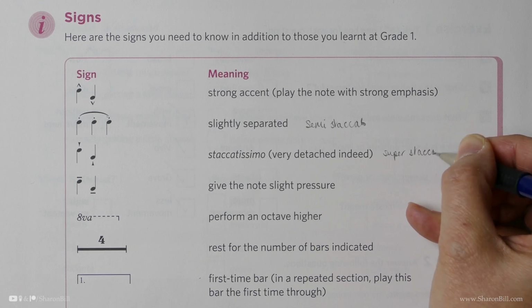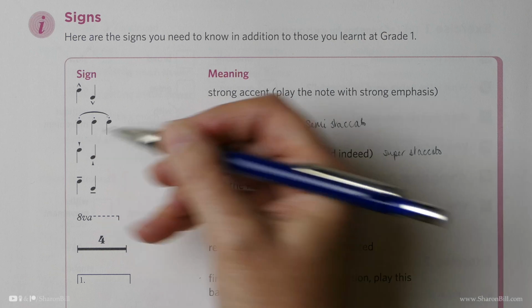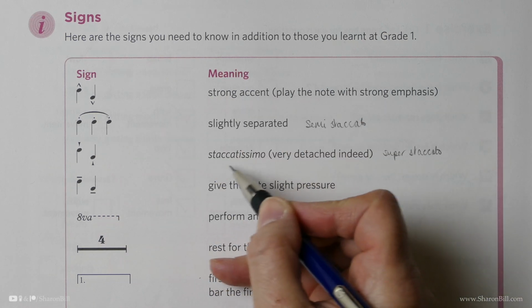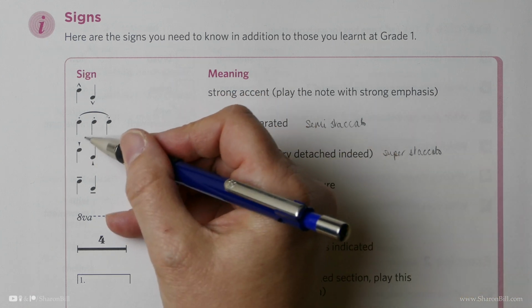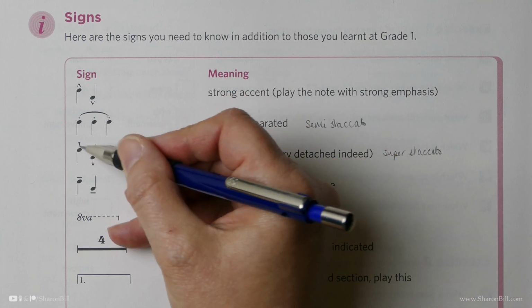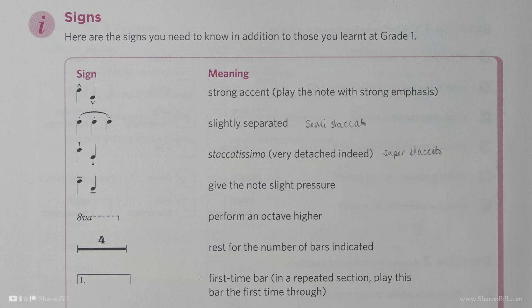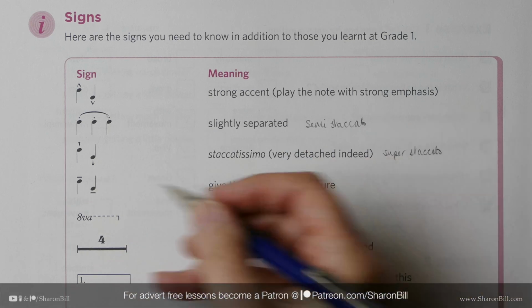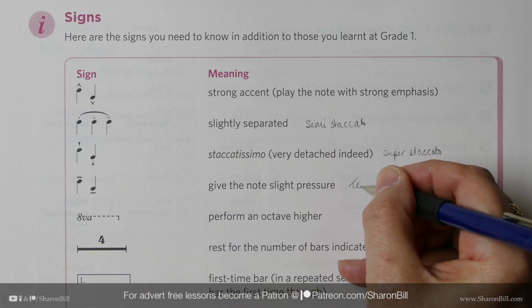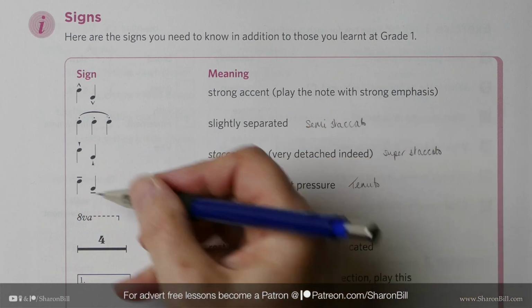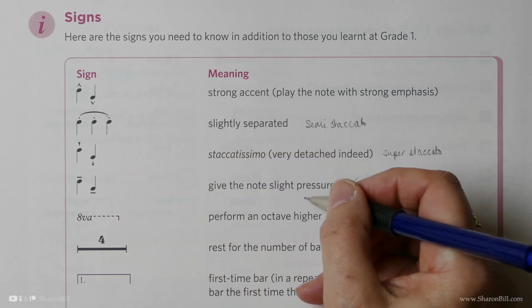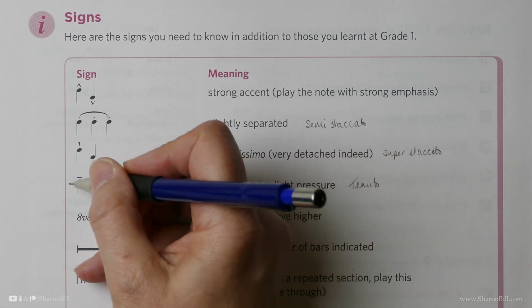Interestingly, this sign, which we now see as staccatissimo, very detached, in early classical music was the symbol for simply staccato. Now here we have what is sometimes referred to as a tenuto. And this little line here means a slight push, a slight pressure, not an accent, but just a pressure.